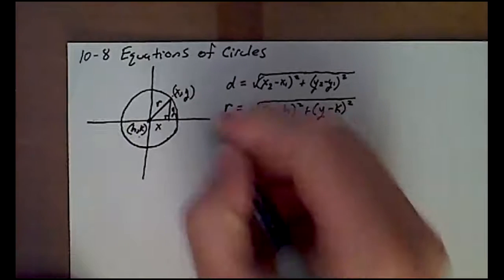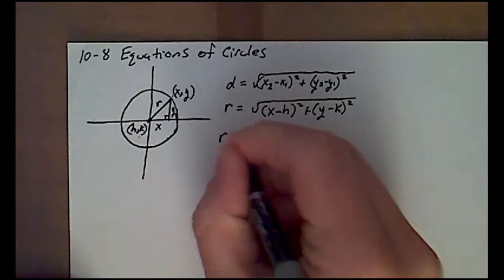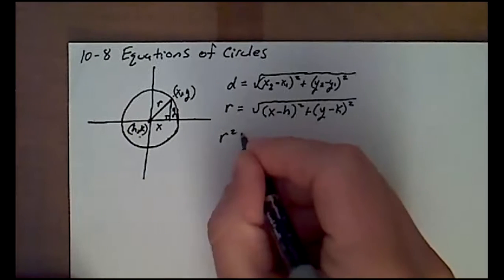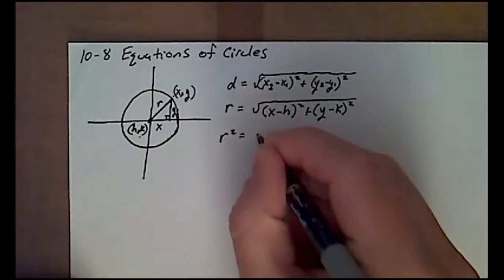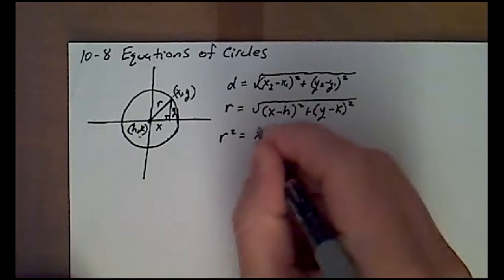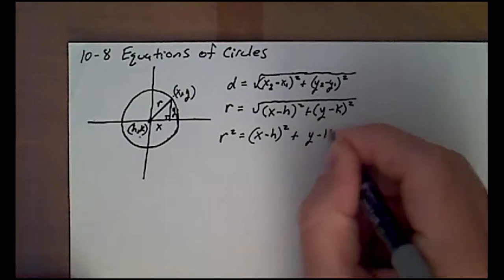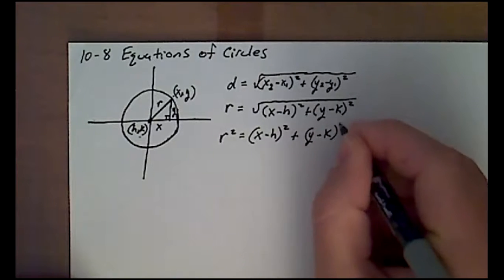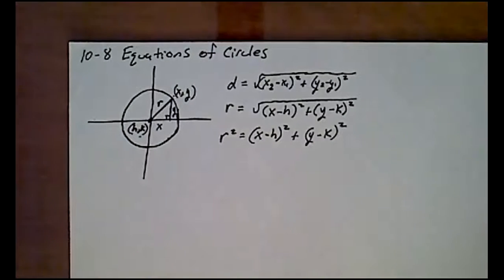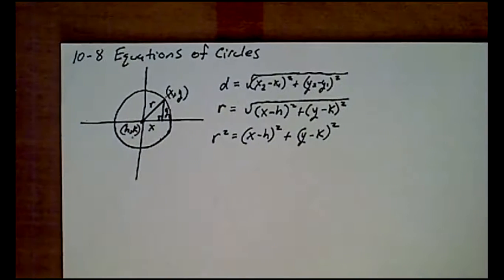And then if we square both sides, we get r squared is (x minus h) squared plus (y minus k) squared, which is the equation of a circle.